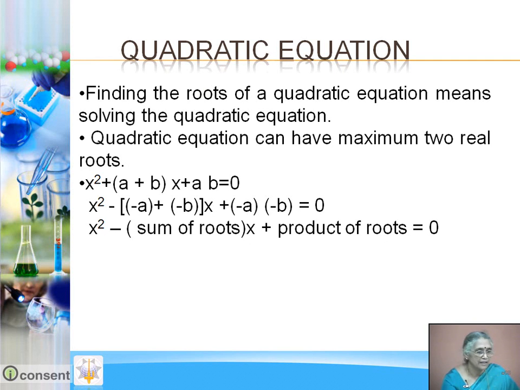Now again consider x square plus (a + b) x plus ab is equal to 0. We can write this as x square minus [(-a) + (-b)] x plus (-a) into (-b) is equal to 0. That means x square minus sum of roots into x plus product of the roots.